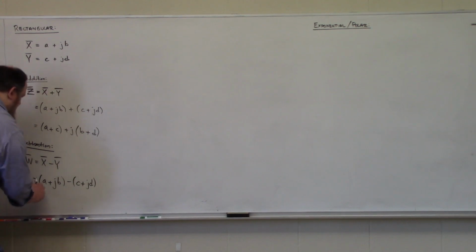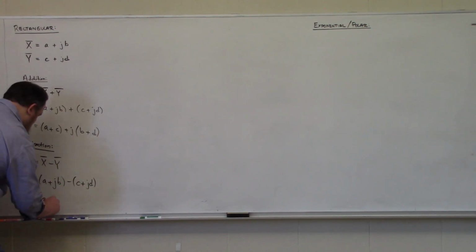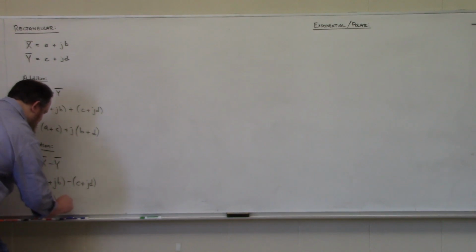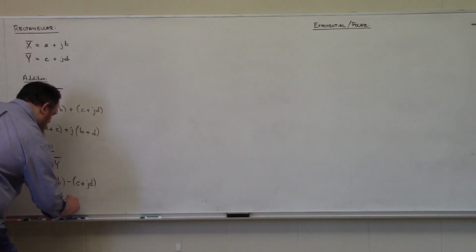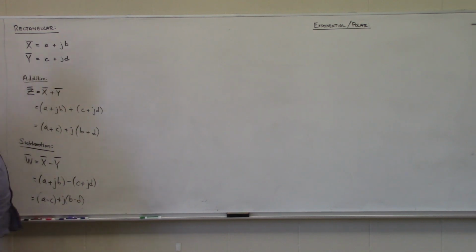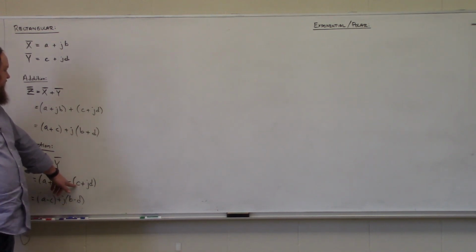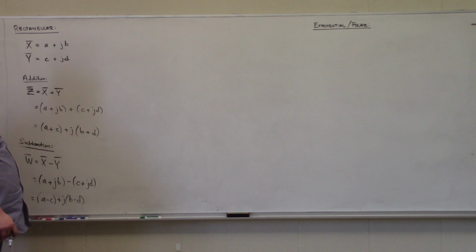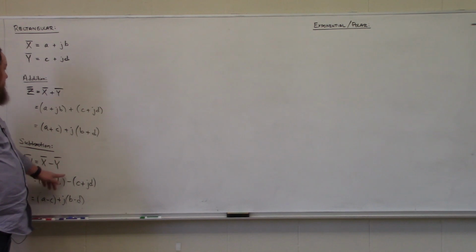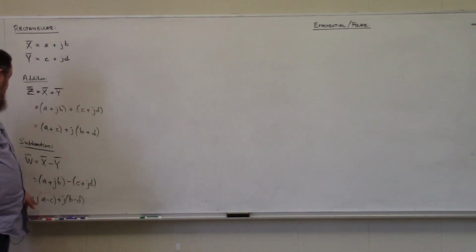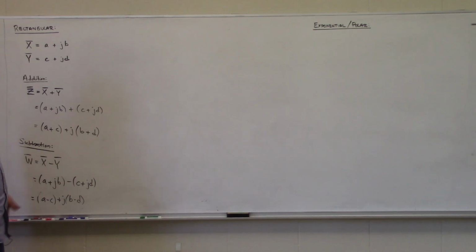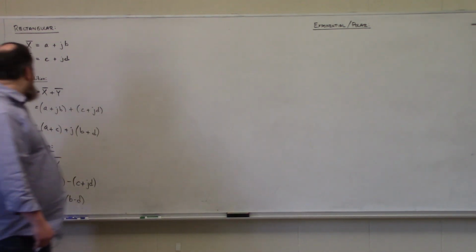This would yield a minus c plus j b minus d. So in subtraction, it's really the same thing as addition, except we have a negative sign that gets carried out into the second complex number there. So this is a plus jb plus negative c minus jd, and that's where these negative signs come from. So we just take the difference of the real part, take the difference of the imaginary part, and again, we are left with a number in rectangular form.